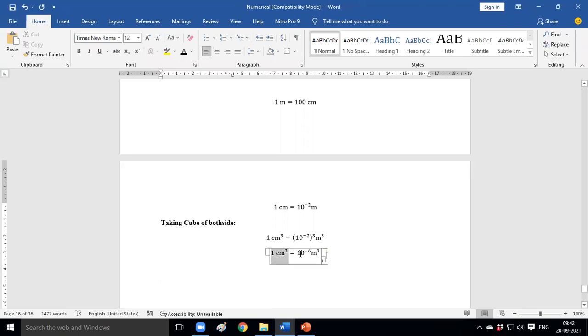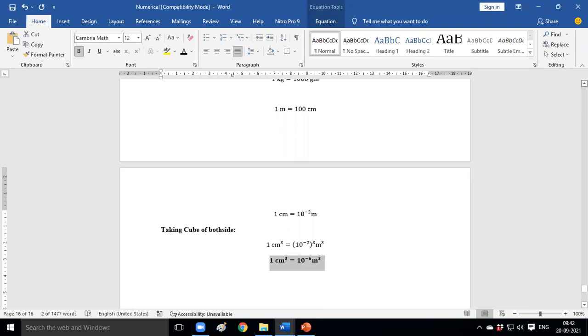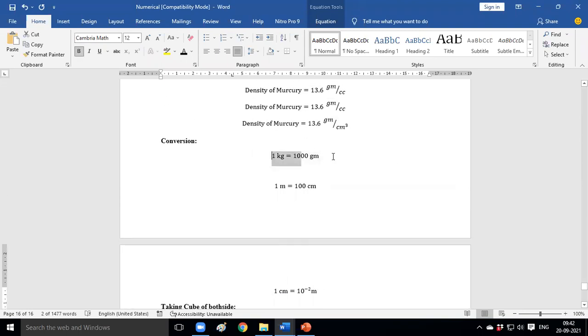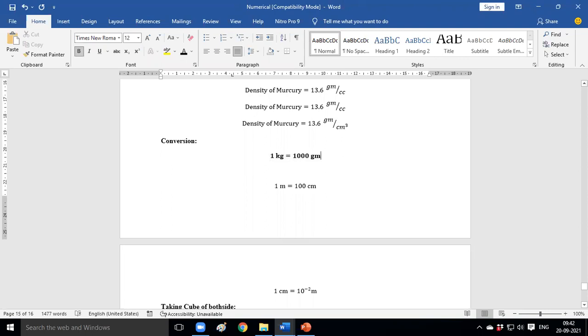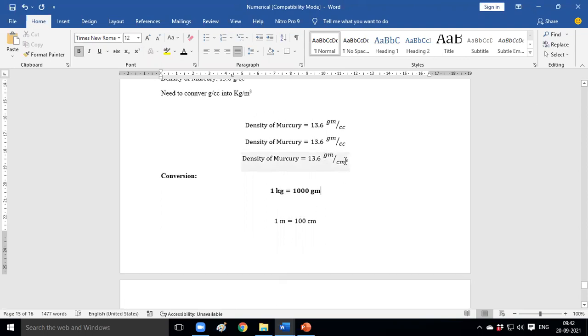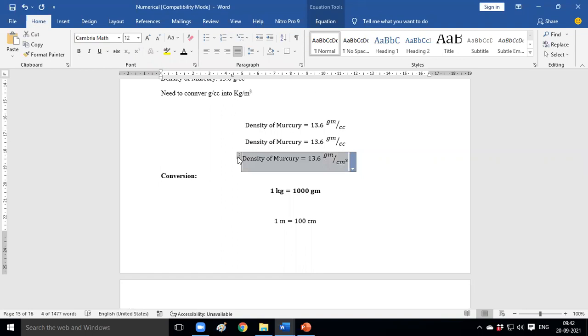And we use this conversion, and the other conversion, the first one: 1 kg is equal to 1000 gram. We need to put the density of mercury, 13.6 gram per centimeter cube, into this equation.